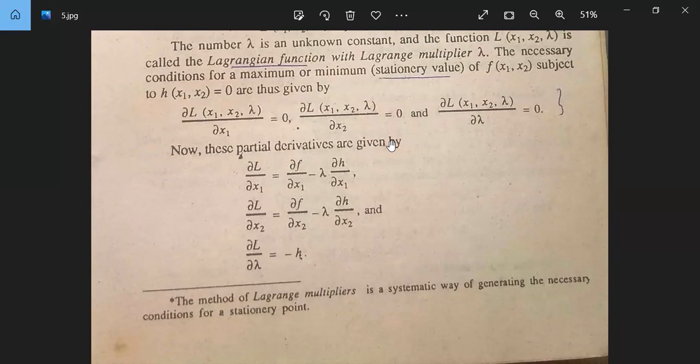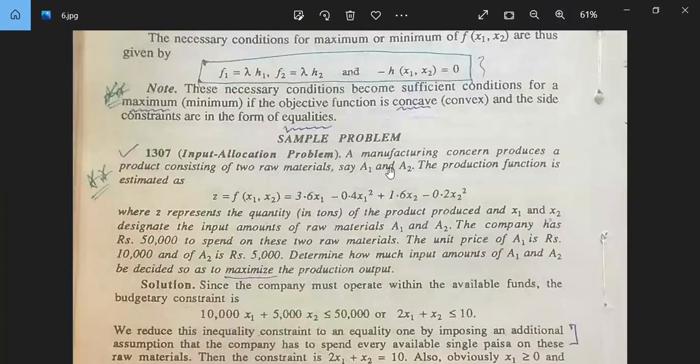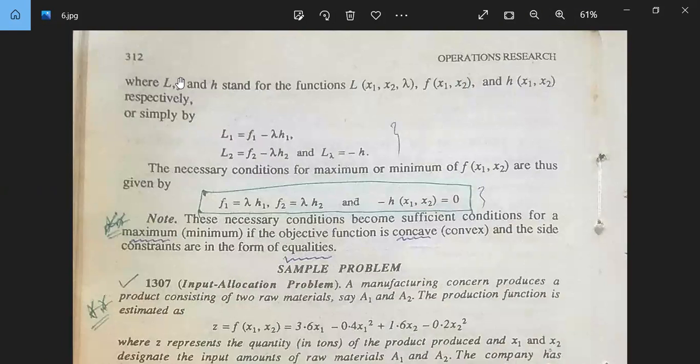Now these partial derivatives are given by del L by del x1 equal to del f by del x1 minus lambda times del h by del x1, del L by del x2 means del f by del x2 minus lambda times del h by del x2, and del L by del lambda is minus h, where L, f and h stand for the functions L(x1, x2, lambda), f(x1, x2) and h(x1, x2) respectively.